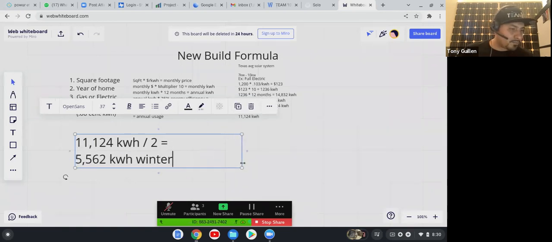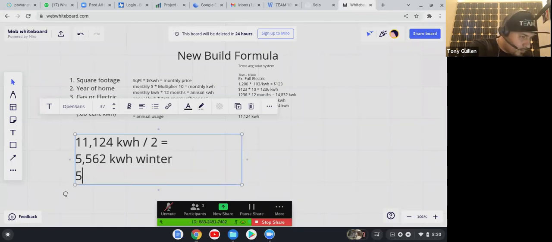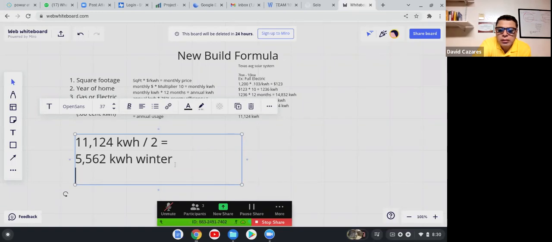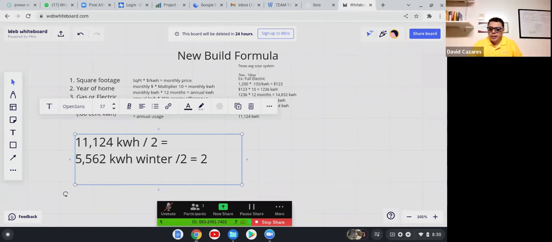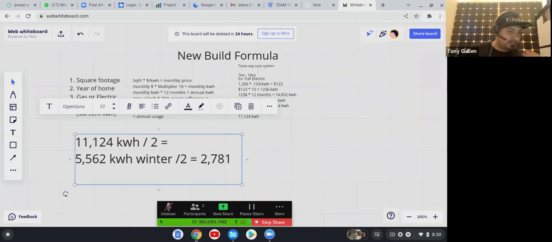So with the winter, what we're going to do with that 5562 is divide it by another 2. And what do we get? 2781.